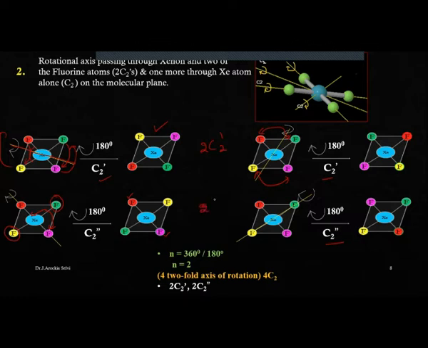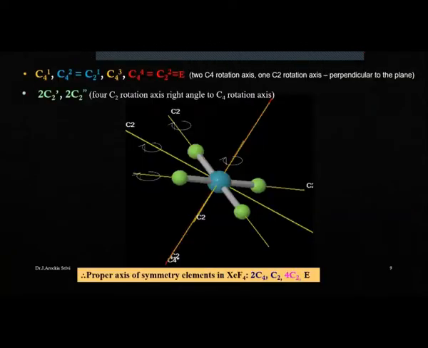So there are two C2 prime. This C2 prime and C2 double prime result when the axis is contained in the plane of the molecule.